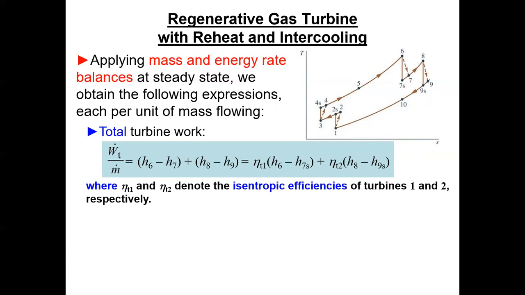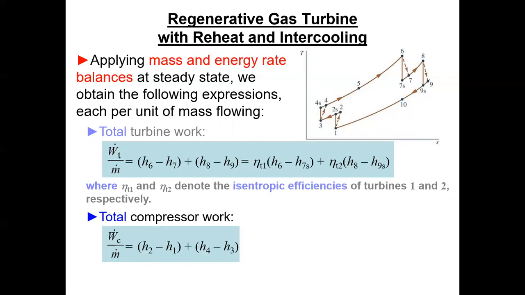Instead of going to all the trouble to actually find H7, if all you're looking for is turbine work, then you can just find H7s and H9s. And if you're given the isentropic efficiency of the turbines, you can just plug that in and it will give the same result.